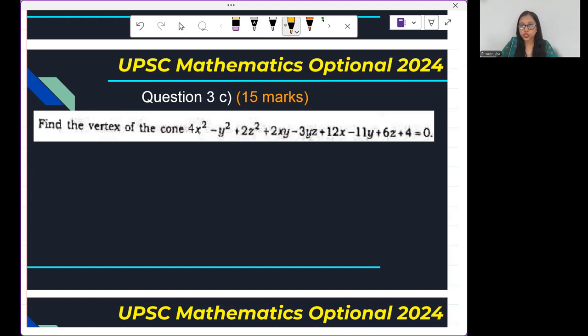make this equation homogeneous by introducing a variable t.